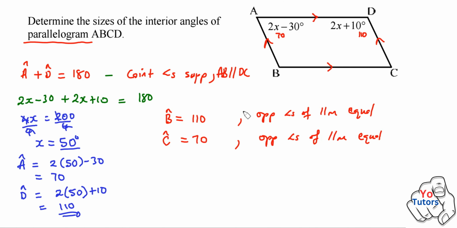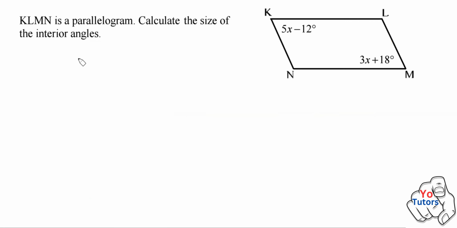That's what you need to understand, guys, that this one here is going to be 110, and this one is going to be 70. But you're not just writing, you are supporting whatever you say with a statement. Now let's go on to the next one.